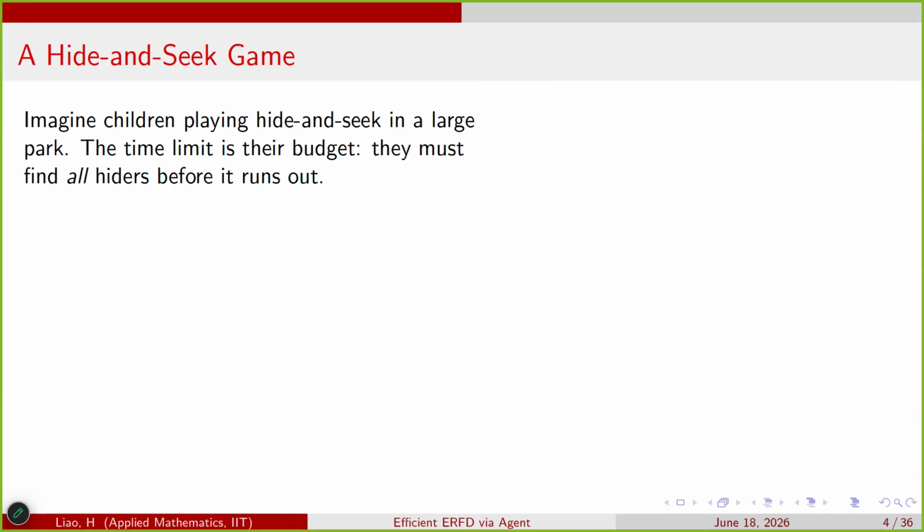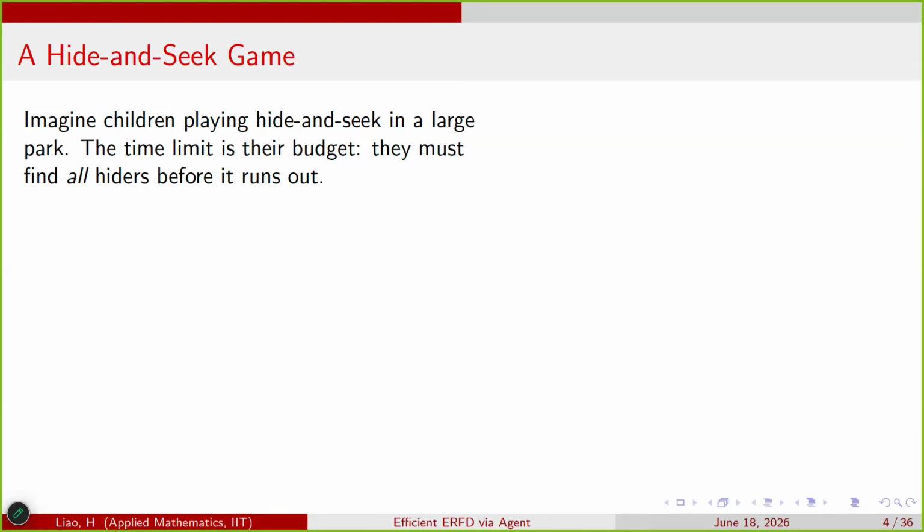We are trying to play a hide and seek game here. You can play this game in your bedroom, in your house, or you can do it in Disneyland, let's say. And the budget limit we are interested in is the time limit for this game.